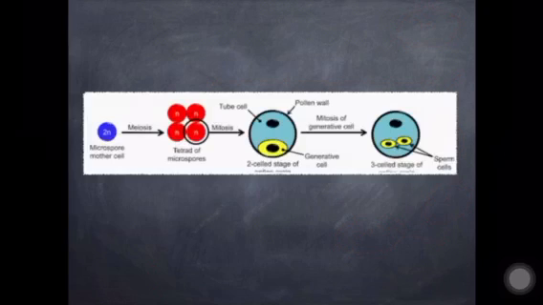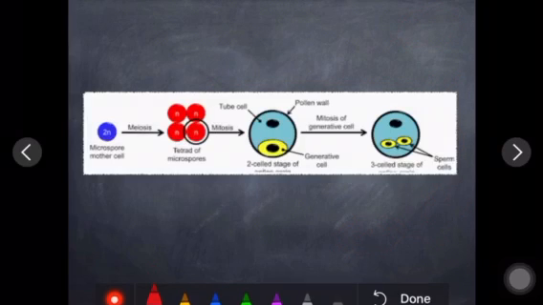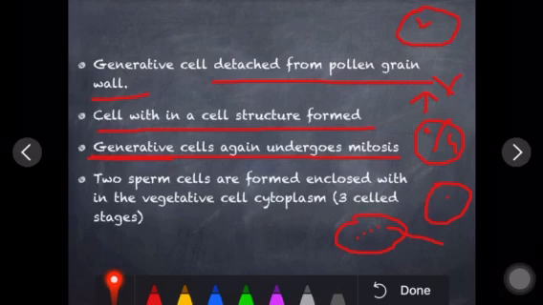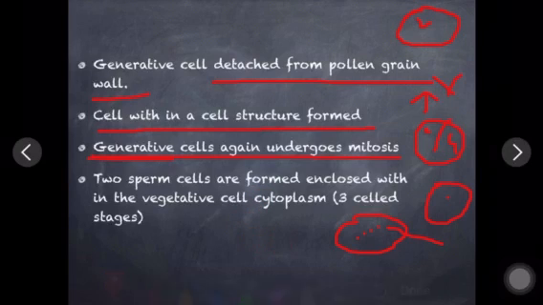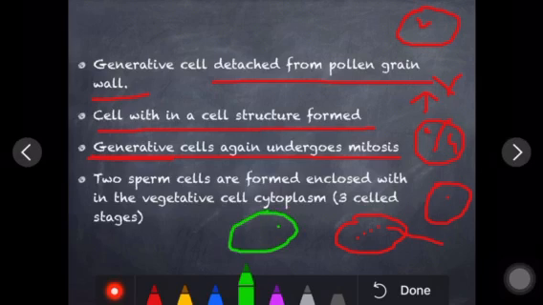This is the pollen grain, and the pollen grain has a vegetative cell, so this is the vegetative cell only. Then it has a generative cell. The generative cell proceeds with more division. So how many cells are there? Vegetative plus generative, then further division, it means 3 cells. So this stage is called the 3 cell stage of pollen grain.